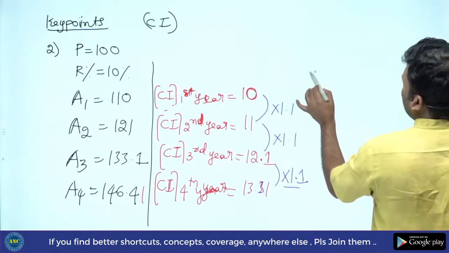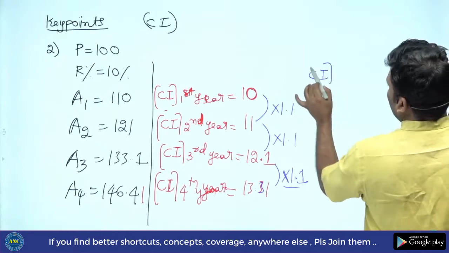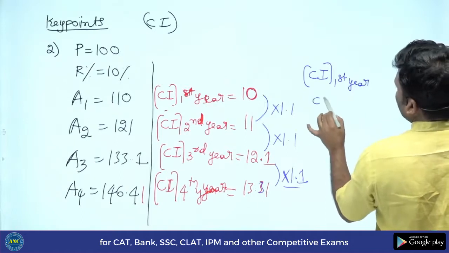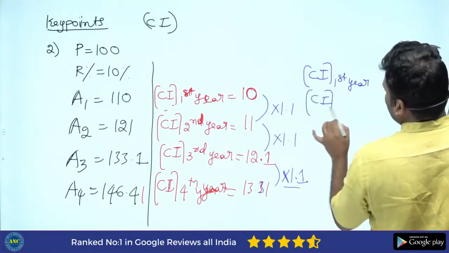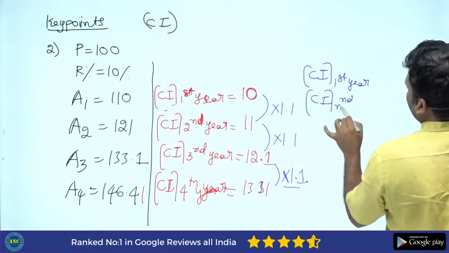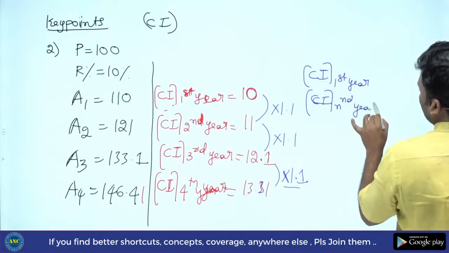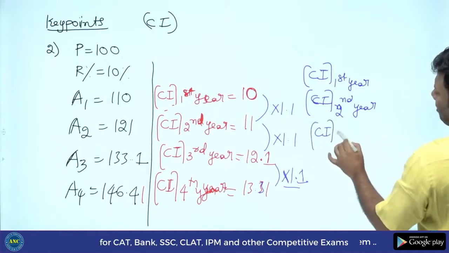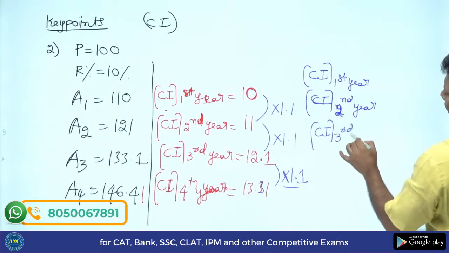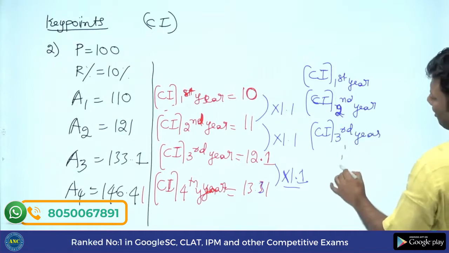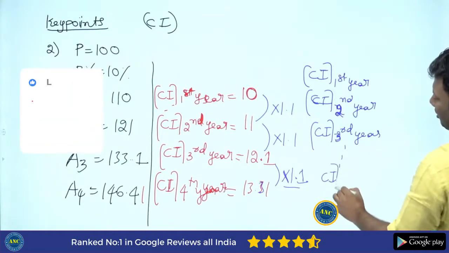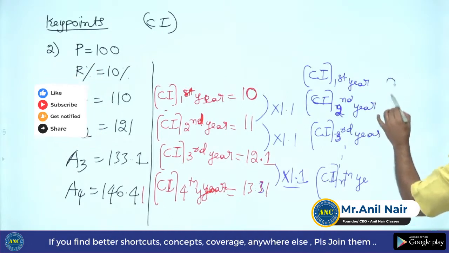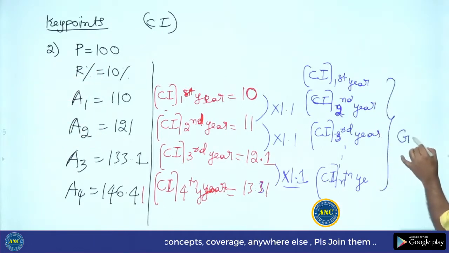That means CI for the first year, CI for the second year, CI for the third year, and so on, CI for the nth year, CI for a particular year, are all also in geometric progression.